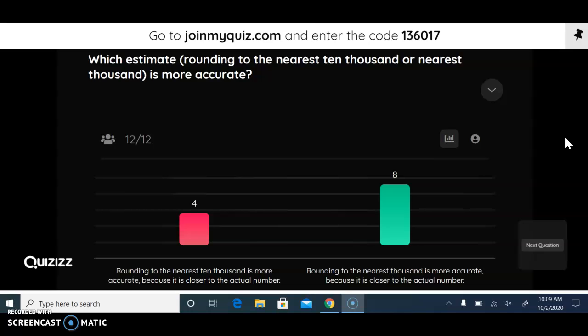So which one would be more accurate, rounding to the hundreds or rounding to the tens? Which one would it be, Briley? Rounding to the hundreds or rounding to the tens? Rounding to the tens. Which would be more accurate, the millions or the thousands? Thousands. Okay, always the smaller place value gets you a number closer to your actual number.